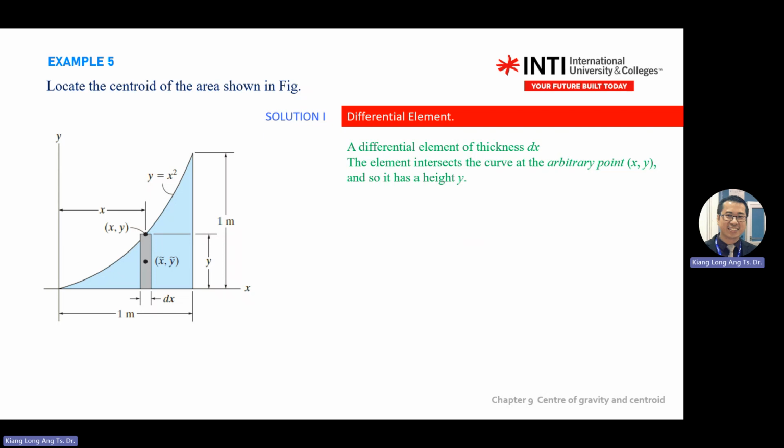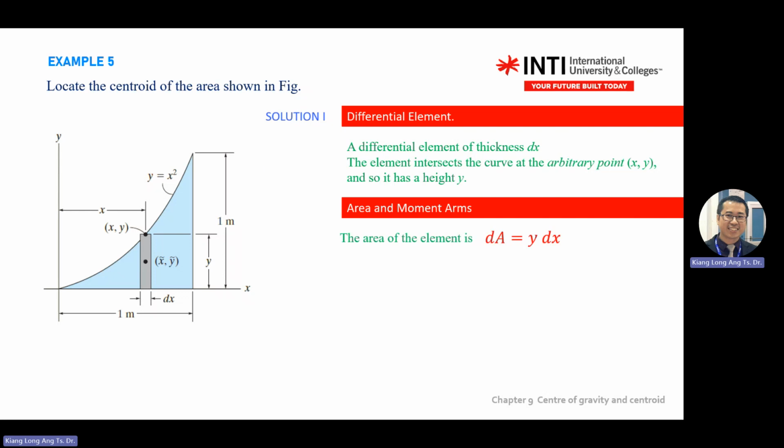Second step, you go for area and moment arm. Area and moment arm is to find the area. So find the area. What is this area? It is y multiplied by dx. You get the area of this small segment.